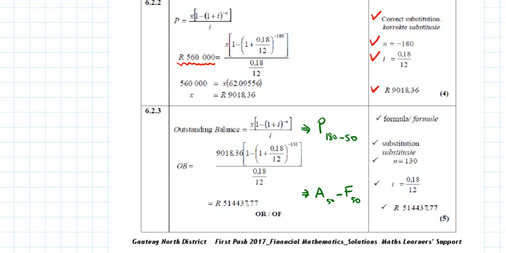So they're both correct. You can either use P130 or A50 minus F50. But P130 can only be used when the first and last payments are the same. So what I see, 130, comes here as negative 130, as you see.